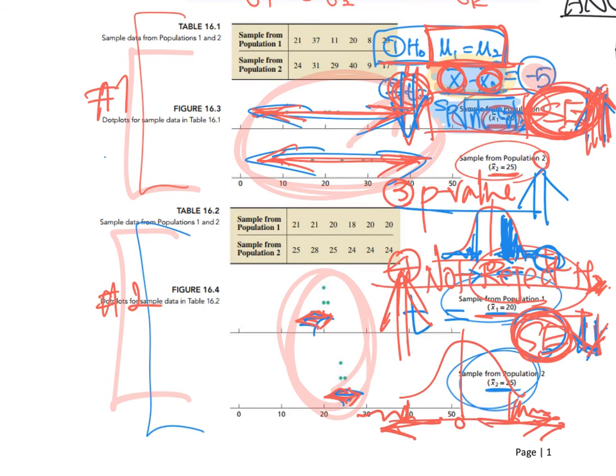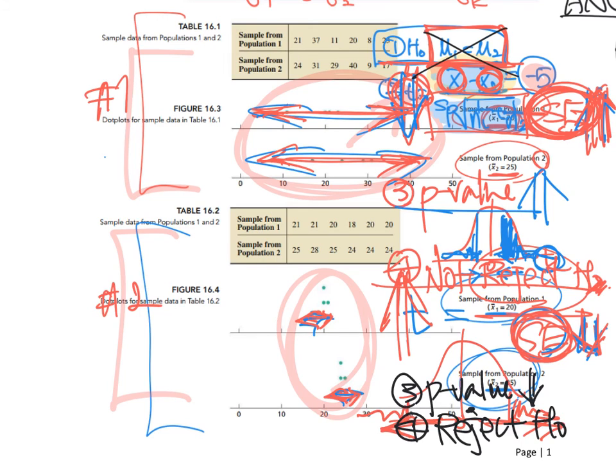What do you think? In step 3, the p-value is getting smaller, smaller, smaller, finally less than alpha. What will be the decision? Reject the null hypothesis. I can say we have more chance to reject the null hypothesis. That means they are not the same.